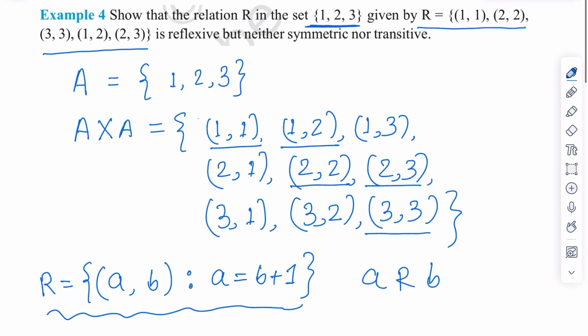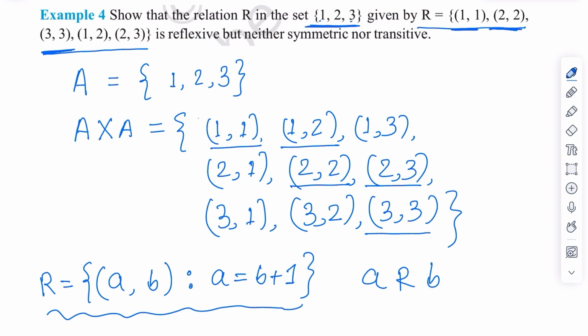If 1 is available in this set, then (1,1) is available in the relation. Similarly, (2,2) is also available in the relation. (3,3) is also available in the relation. That is (a, a) for all a belonging to the set. That is 1 to 3 belongs to the set.